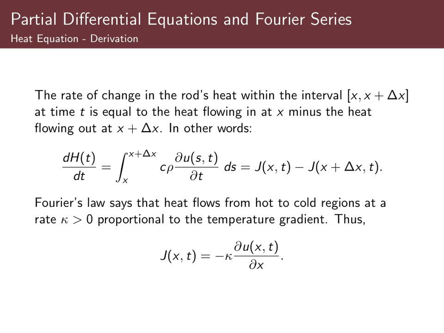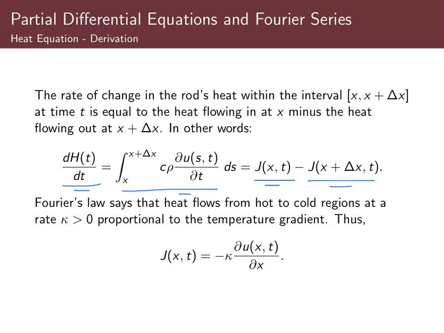In other words, dH/dt, if we pull the differentiation under the integral symbol, gives us the partial of u with respect to t times c times rho, equal to the flux at x minus the flux at x + Δx of heat.